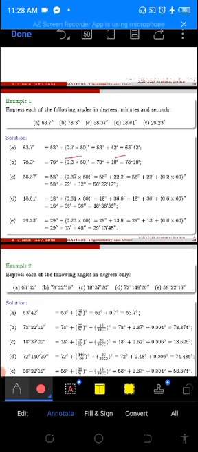B is similar, so let's take the C part, because C is a different scenario. It says 58.37 degrees is to be converted to an angle comprising degrees, minutes, and seconds. 58 is the whole number as a degree, so we leave it the way it is.